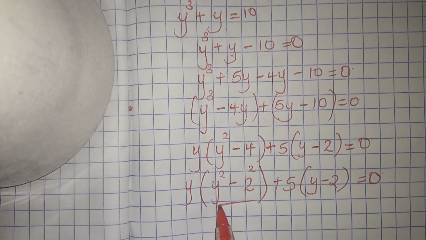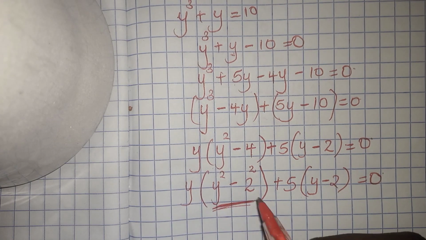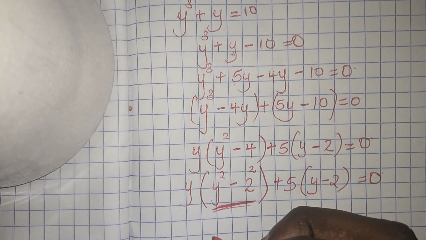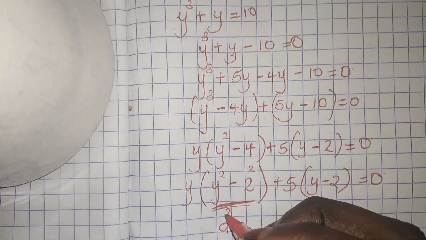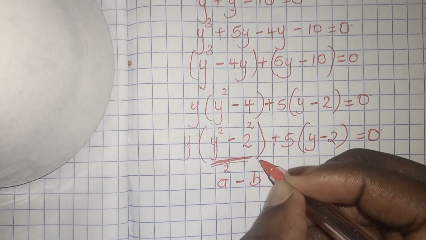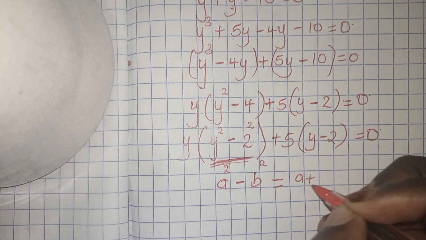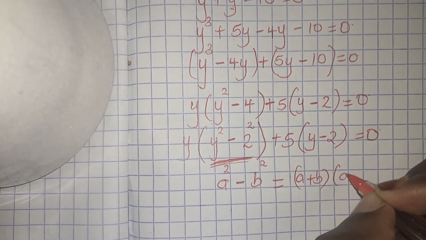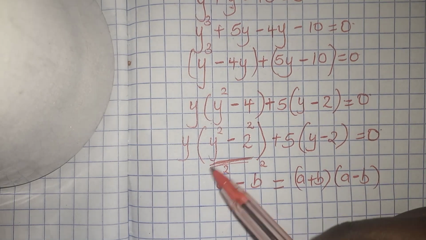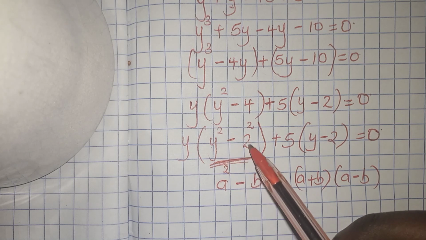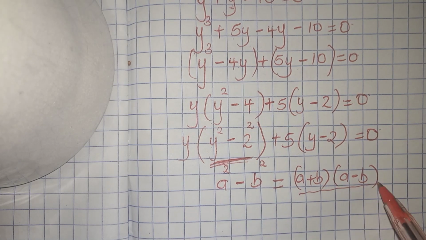So we can see we have formed a difference of squares. We are going to use this rule, whereby if you have a squared minus b squared is equal to a plus b into a minus b. So we are going to write this y squared minus 2 squared in this form.